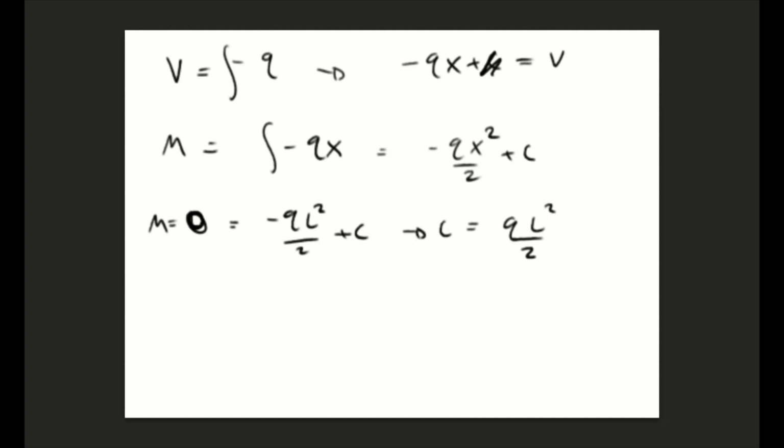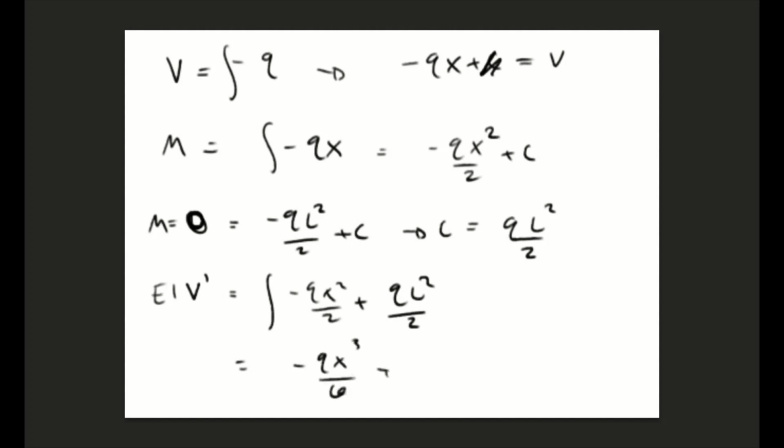And now if we go into slope of deflection, remember it's EI v prime, which is equal to the integral of negative Qx squared over 2 plus QL squared over 2. Which is going to equal negative Qx cubed over 6 plus xQL squared over 2 plus C. Okay, a new thing.